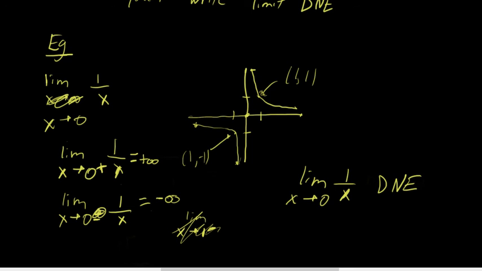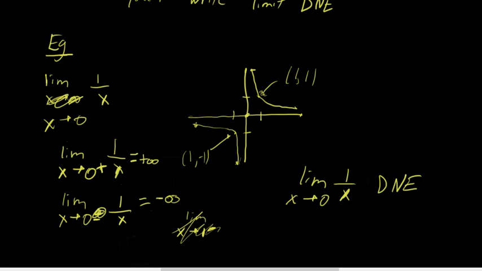So for the left and right-handed limits individually, there may be some debate as to whether the limit as x tends to 0 from the right of 1 over x is either positive infinity or does not exist, and whether the limit as x tends to 0 from the left of 1 over x is either negative infinity, or perhaps we'll say it doesn't exist.